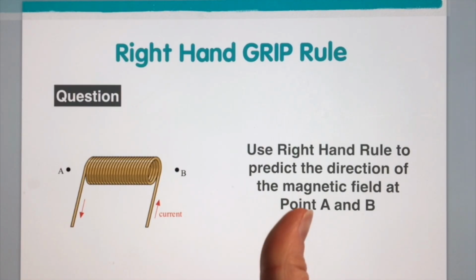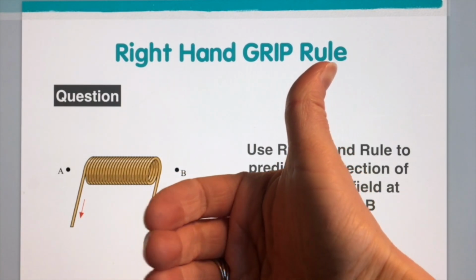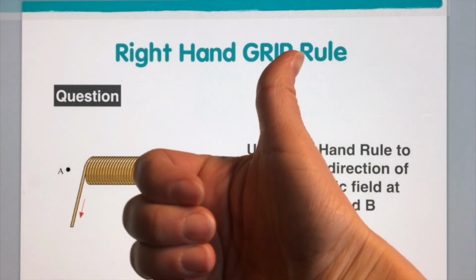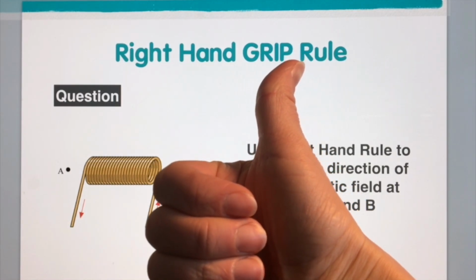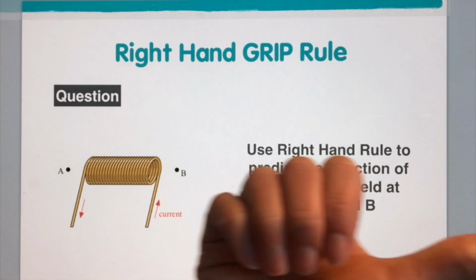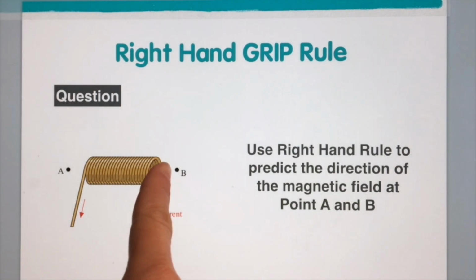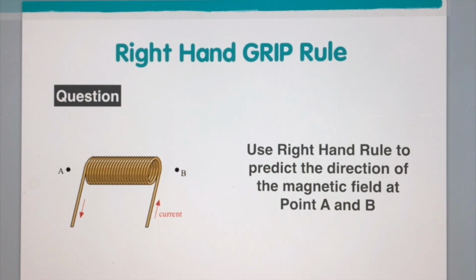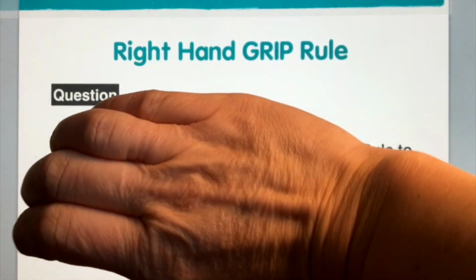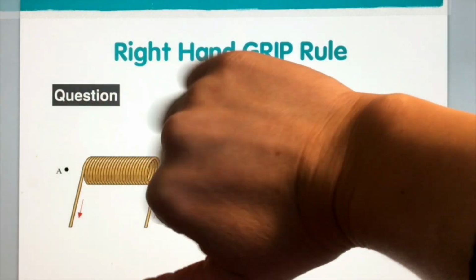We pop our thumb in the direction of the current and our fingers curl round in the direction of the magnetic field. That means that where my fingers are pointing is where the magnetic field will point out of the solenoid. So we'll find magnetic field lines going in that direction at point B. And if we turn our thumb around the other way, my fingers are curling round in that direction.